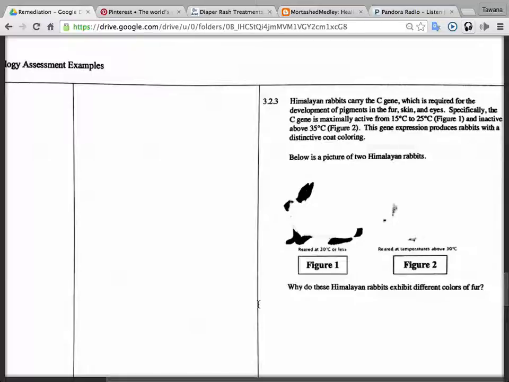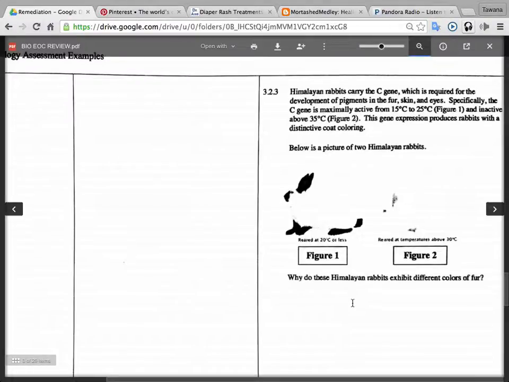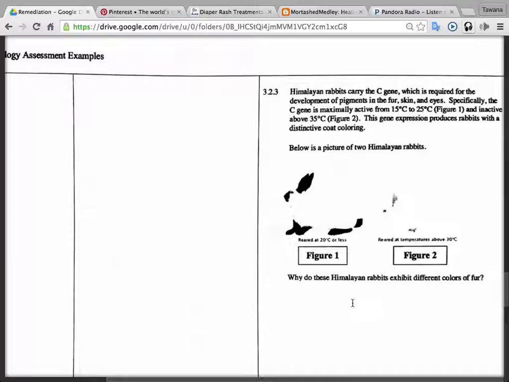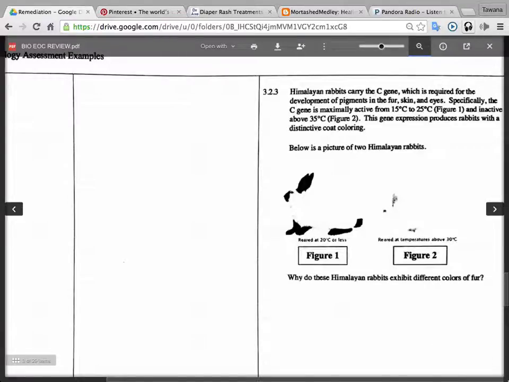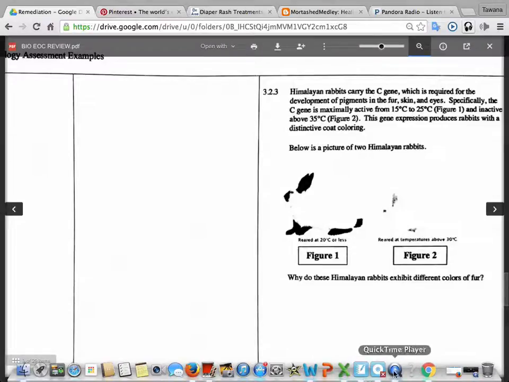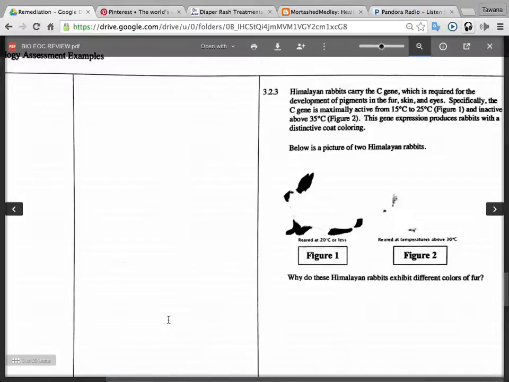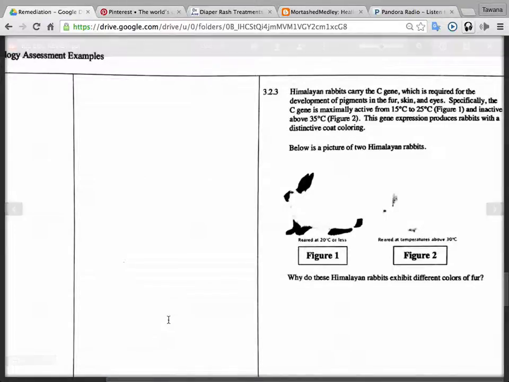Go ahead, read it. Why did it give us any information about their temperature and everything outside?